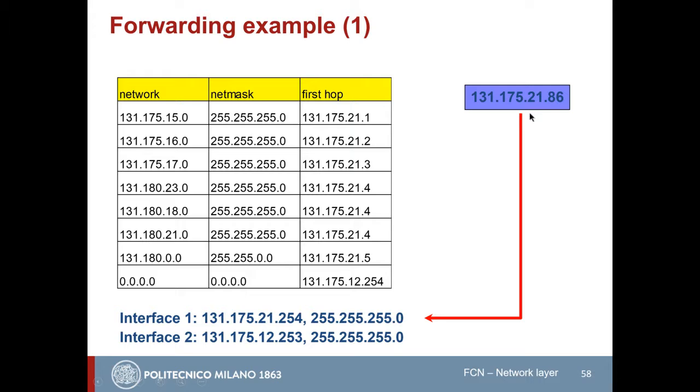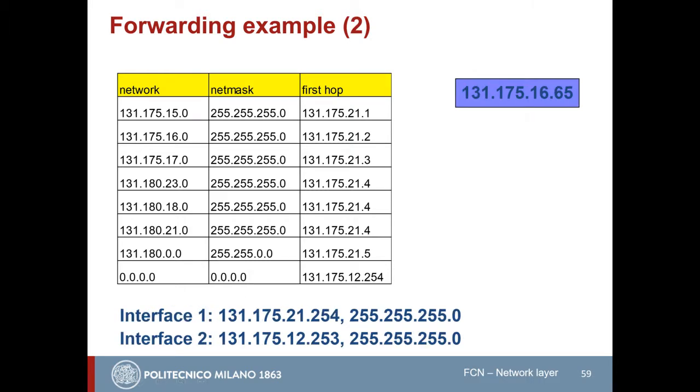Okay. Next example, here we have a new destination address. This destination address is not matching with any of the interfaces, and the same will hold also for the next destination address we will see. So it means that this packet must be forwarded using indirect forwarding.